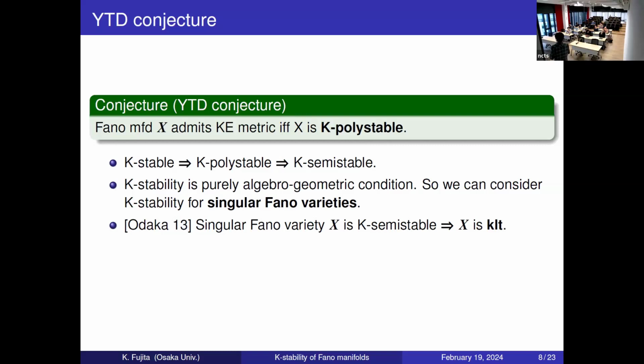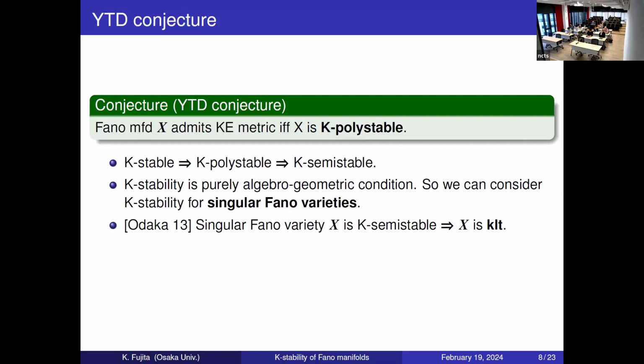But how much singularity should we treat? Here is a very remarkable result due to Odaka: if a singular Fano variety X is K-semistable, then X is Kawamata log terminal, a KLT singularity.